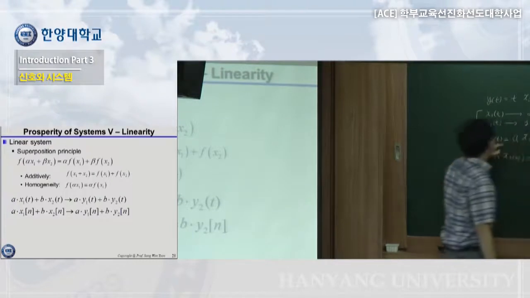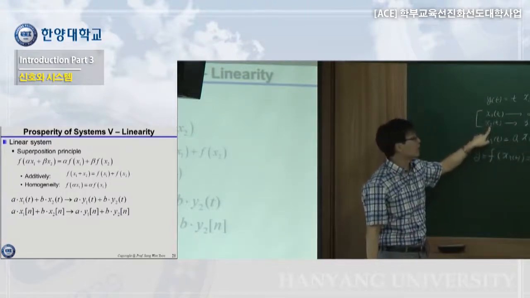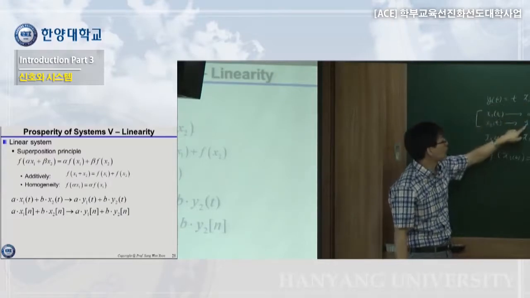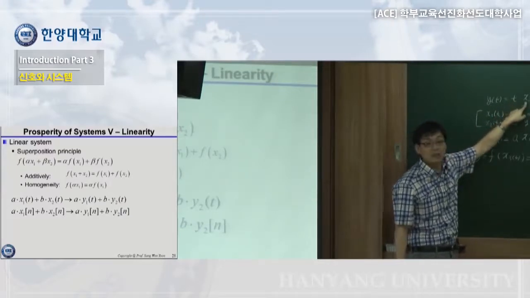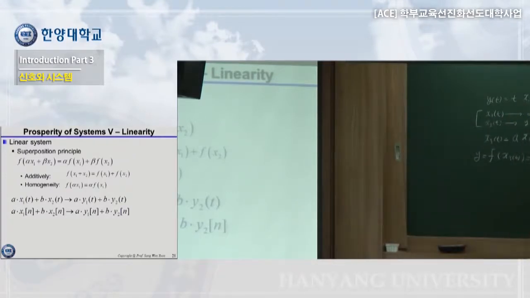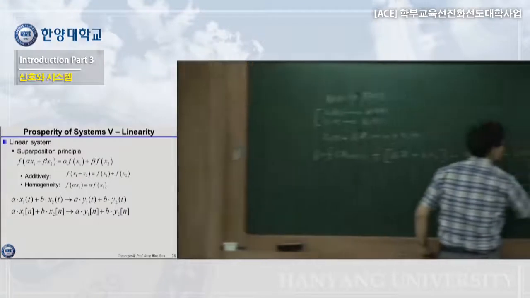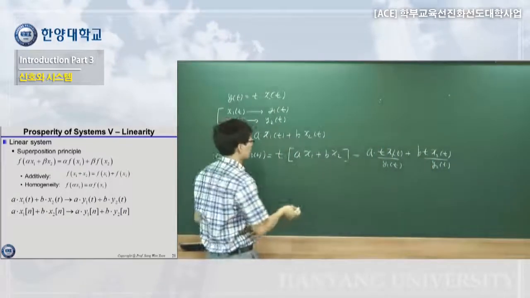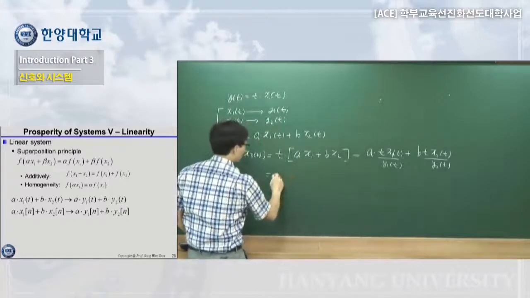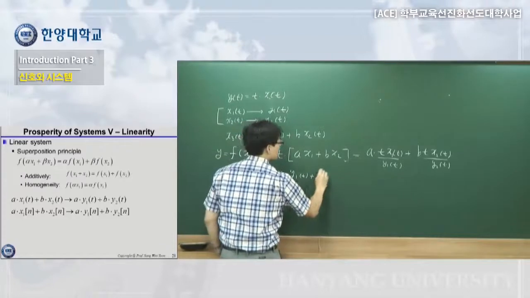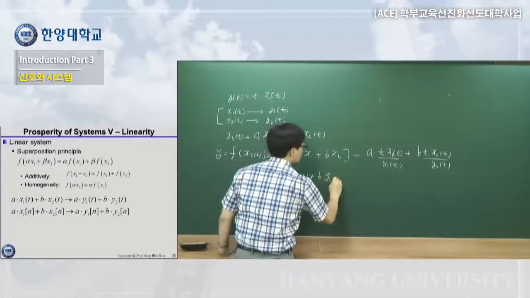Likewise, when you apply x2(t) to the system, the output is y2(t), which is t times x2(t). So here we have A times y1(t) plus B times y2(t).